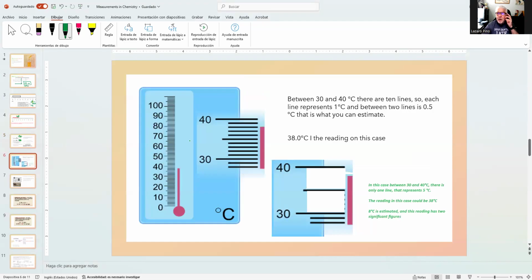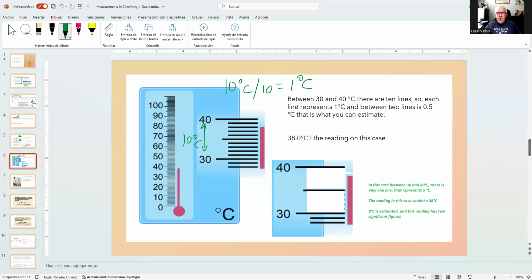Look at this. Here we are in front of a thermometer, but it's the same. You will treat this the same way. Well, here it is bigger in such a way that you can see. Between 30 and 40, you have 10 Celsius degrees. As you have 10 lines in between, you divide 10 Celsius degrees by 10 lines, and you will see that every line is 1 Celsius degree.